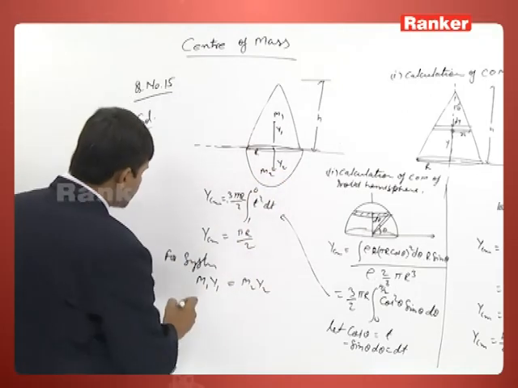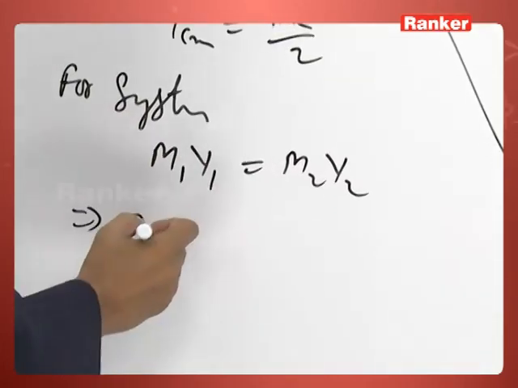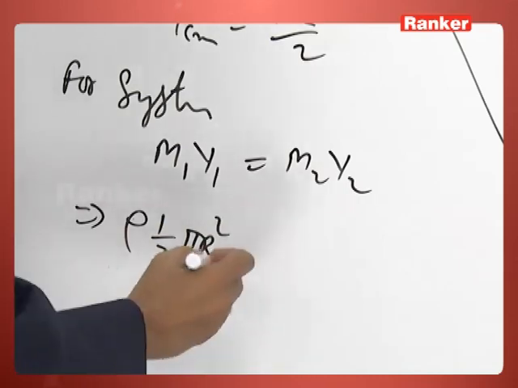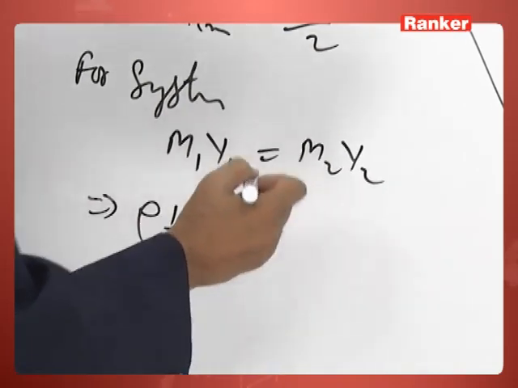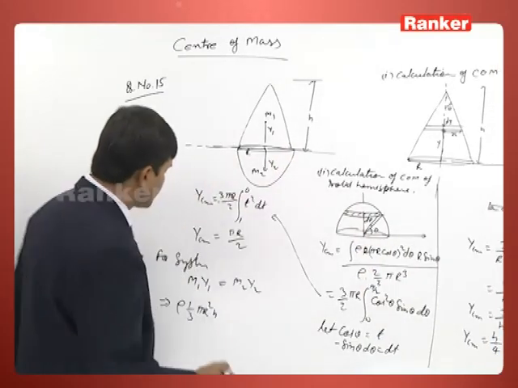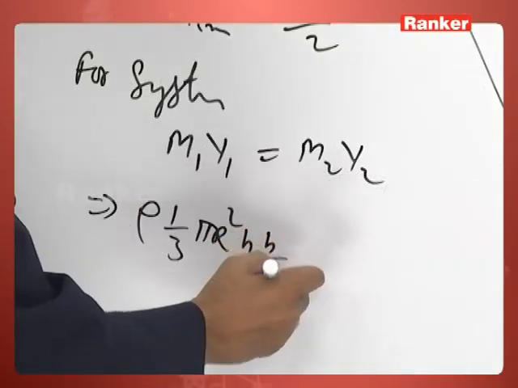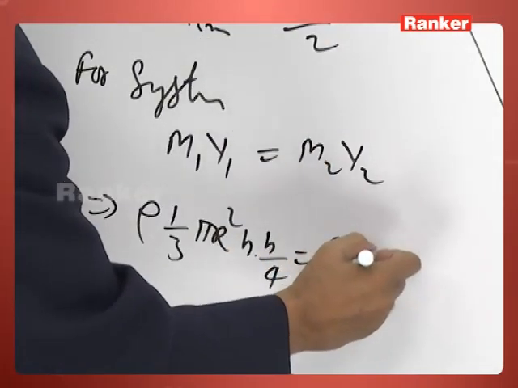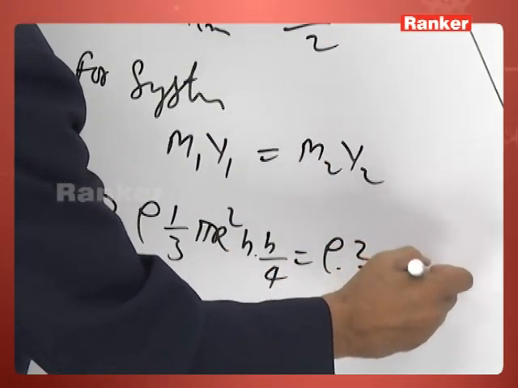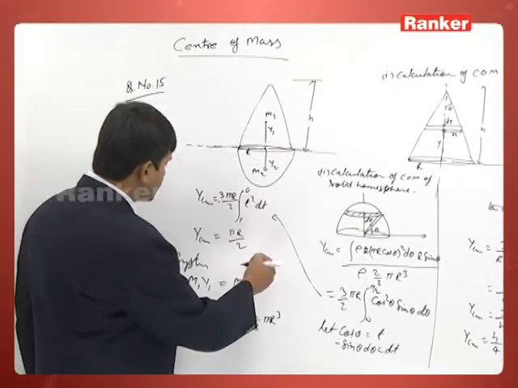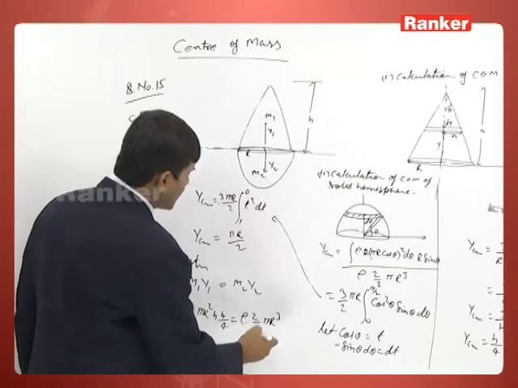Now the mass of this is rho 1 by 3 pi r square into h, y1, the center of mass of that, is your height h by 4, which is equal to m2, the mass of this, rho 2 by 3 pi r cube into y2, where y2 is pi r by 2.